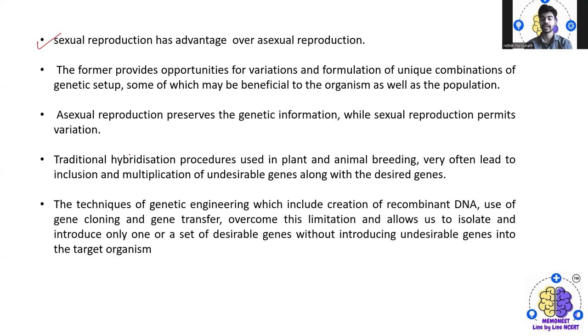The technique of genetic engineering, which includes creation of recombinant DNA and use of gene cloning and gene transfer, overcomes this limitation and allows us to isolate and introduce only one or a set of desired genes without introducing undesired genes into the target organism.